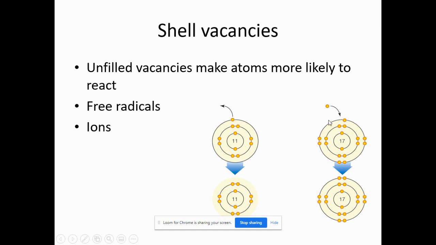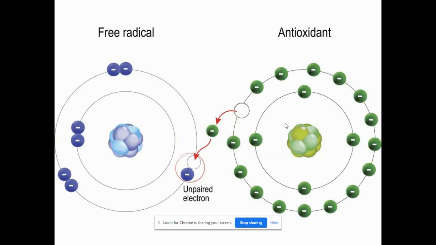We would say that chlorine has a higher electronegativity than sodium. All right. Now you look at another atom that may have two vacancies in their outermost shell. They would be considered more electronegative because they're wanting to pull more electrons to complete their shells.